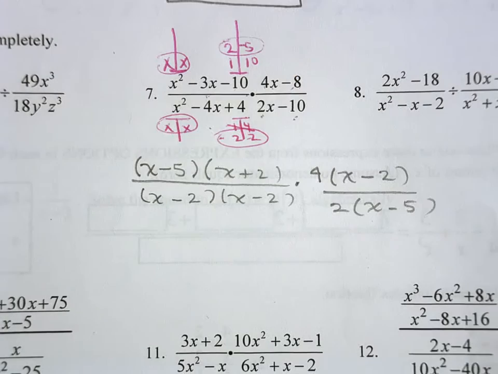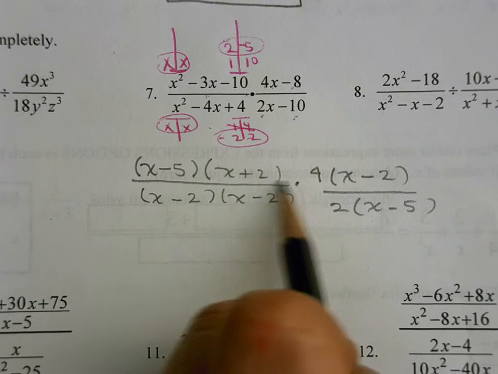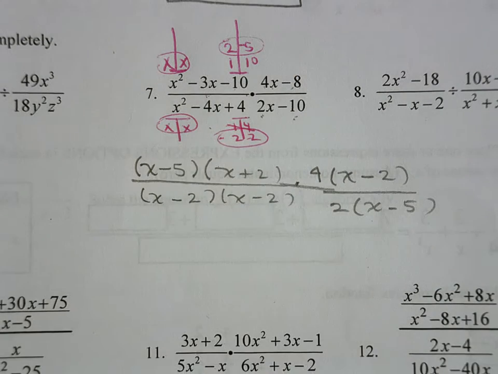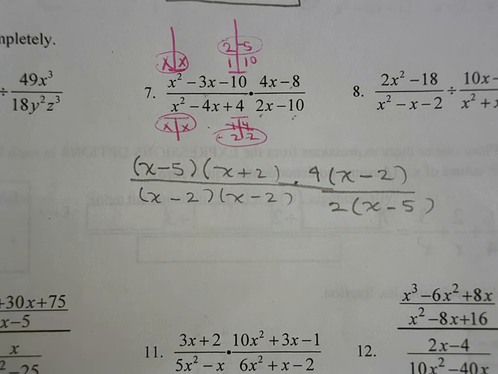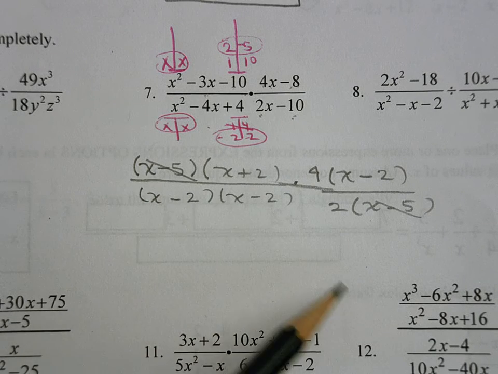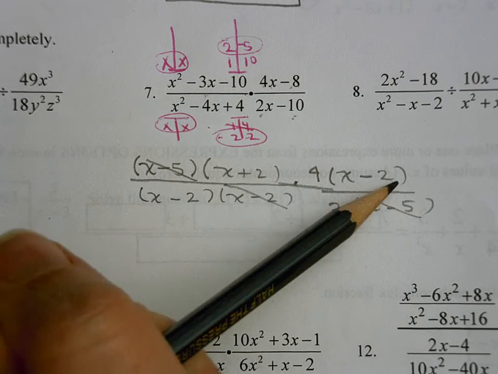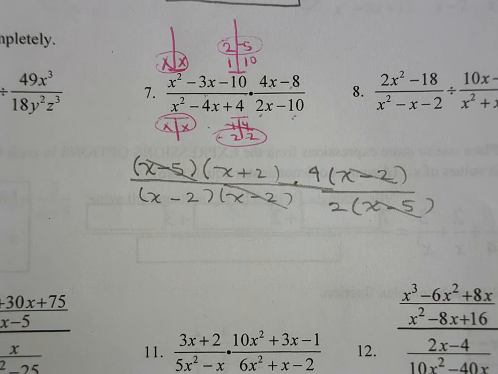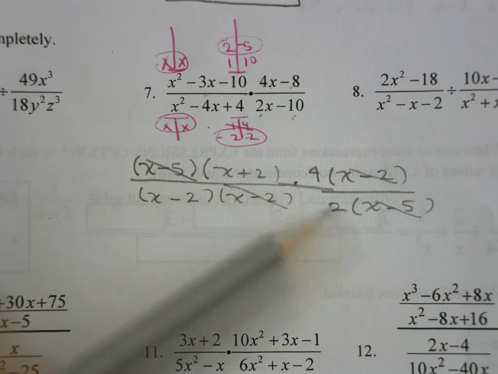And then as soon as I have it completely factored, I'm going to extend it so it's one fraction. And then I can cancel any numerator factor with any denominator factor. So the x minus 5's reduce, and an x minus 2. And so 4 divided by 2, that will reduce as well.